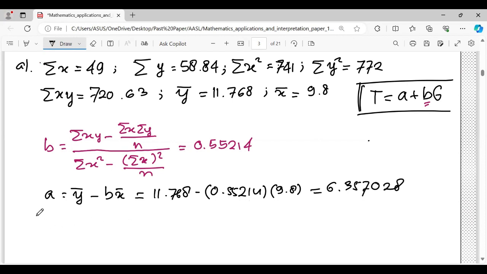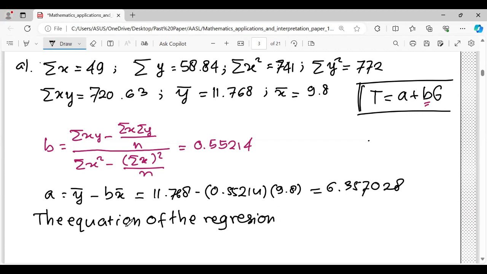So the equation of the regression line is based on this equation.